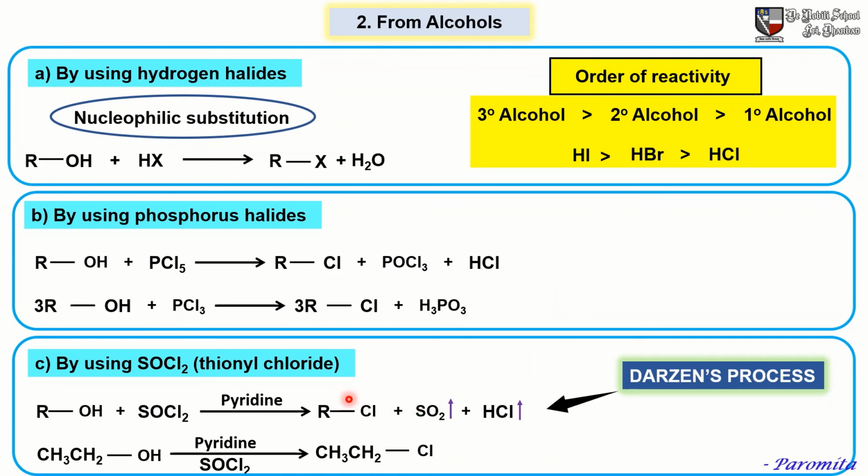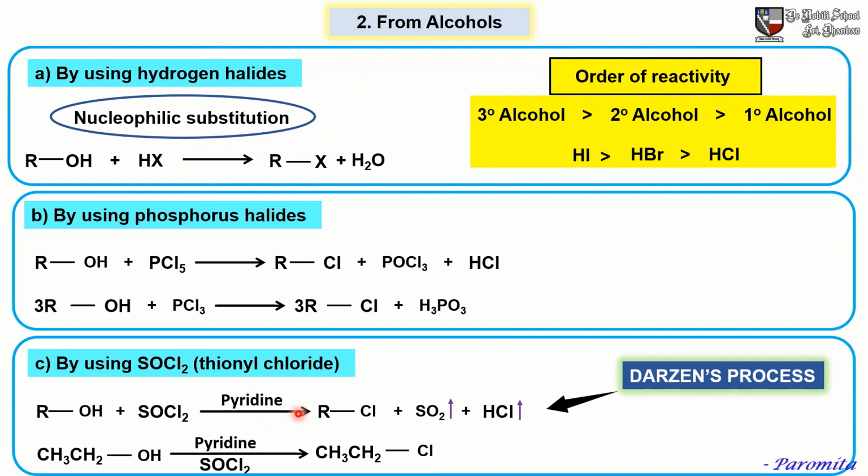Now let us discuss the third method, that is Darzens' process. In this method, ROH, that is alcohol, is treated with SOCl2 in the presence of pyridine to get RCl, alkyl chloride, plus SO2 plus HCl. So chloroalkanes can be prepared by refluxing alcohols with thionyl chloride, SOCl2, in the presence of pyridine.